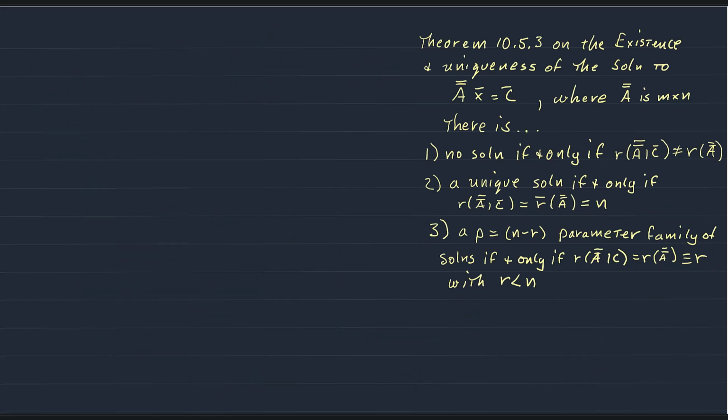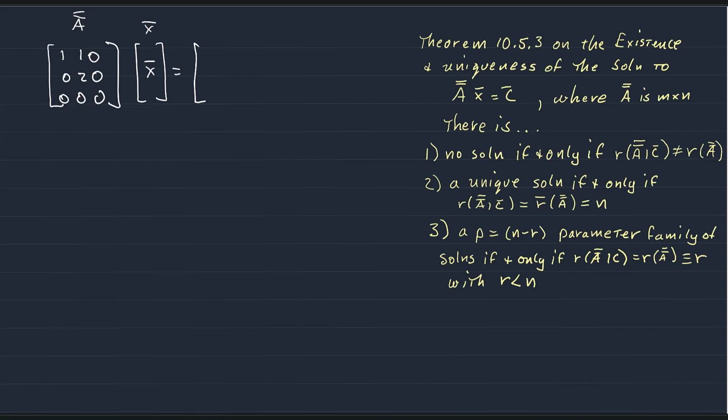Okay, so the last part of the theorem is the case in which we don't have a solution. Let's look at the same matrix that we looked at just now for A. And we have x again. And in this case, C is 2, 1, 3.